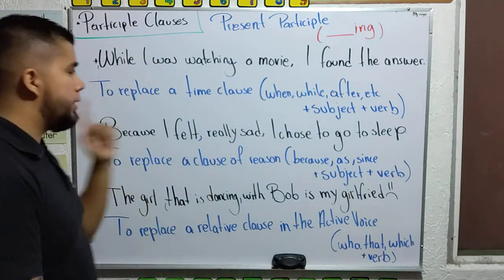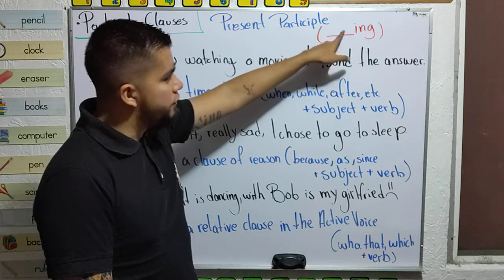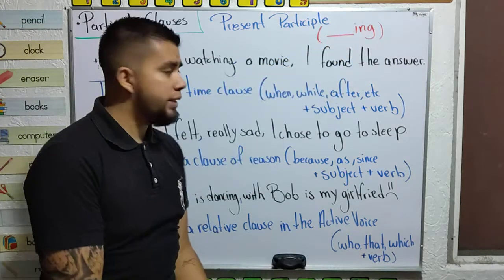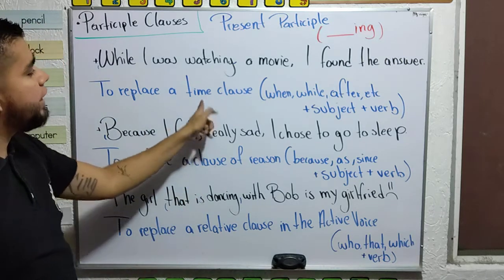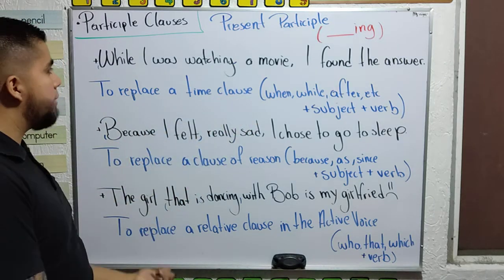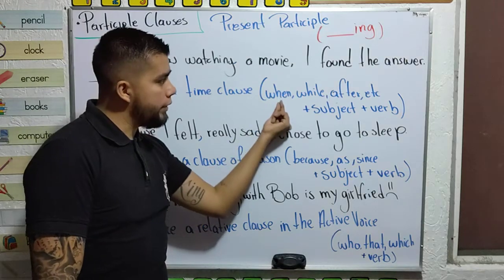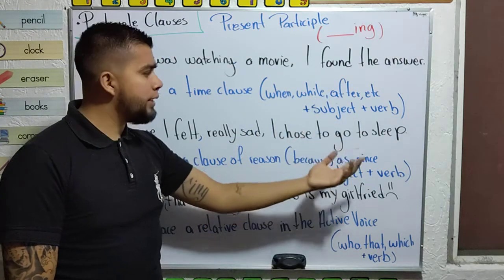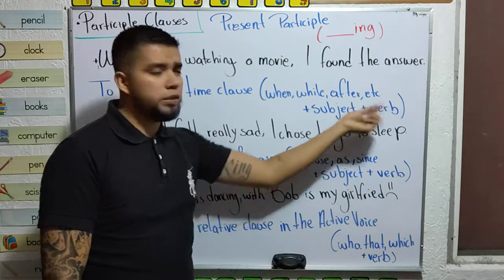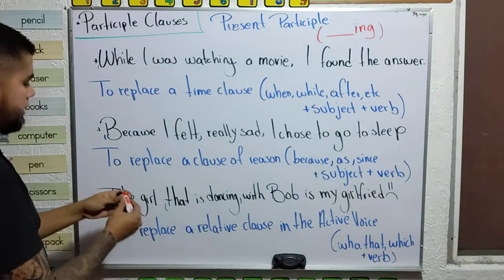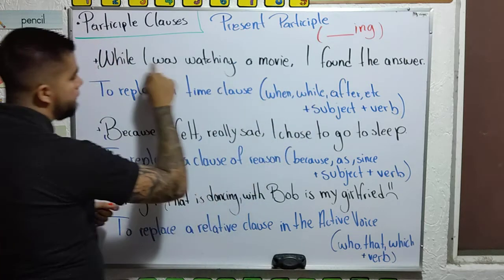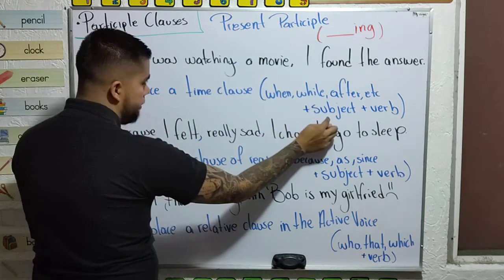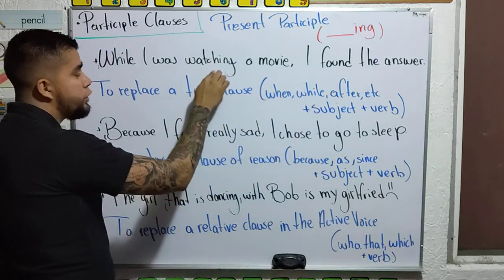Then, we're going to use a verb with ing termination to replace a time clause. What is a time clause? When, while, after, etc. plus subject plus verb. In this case, I have while I, subject, was watching.